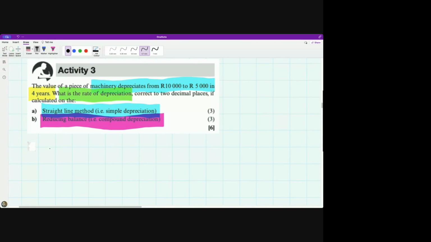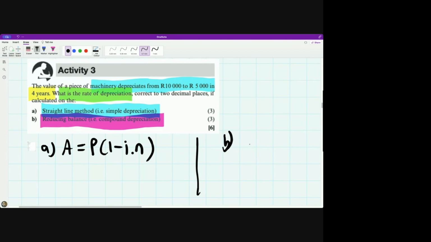So what I'm going to tell you for A is I will give you the formula like that for A, and I will give you the formula like this for B. Can you work out what is the rate of depreciation for each of these situations?